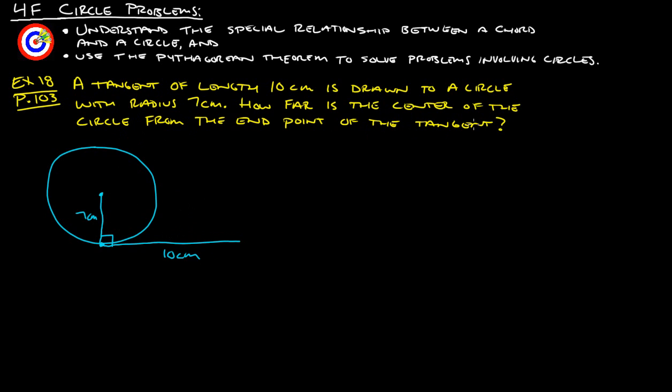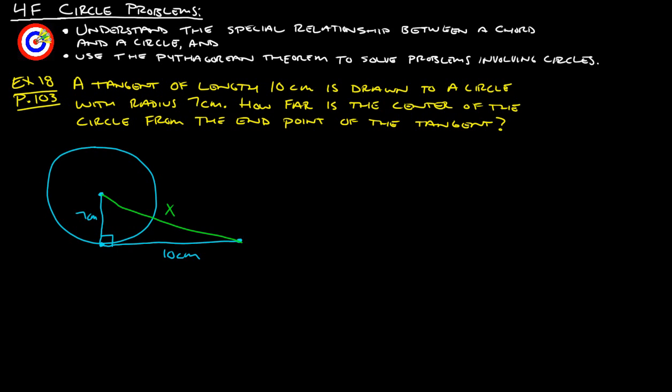So it says how far is the center of the circle, so this here, from the end point of the tangent. Again, we have to assume that they're talking about this end point here. So we've got to figure out what this is right here.